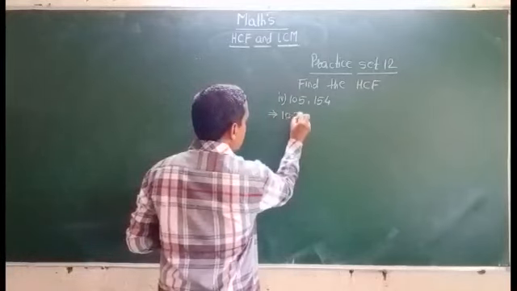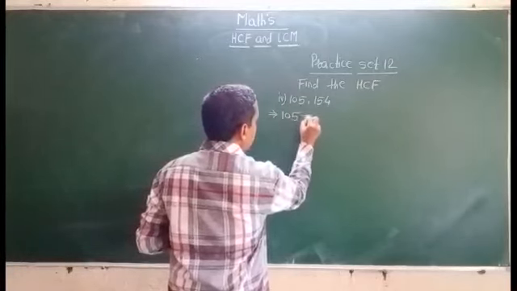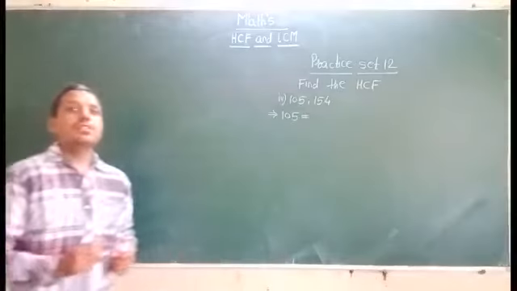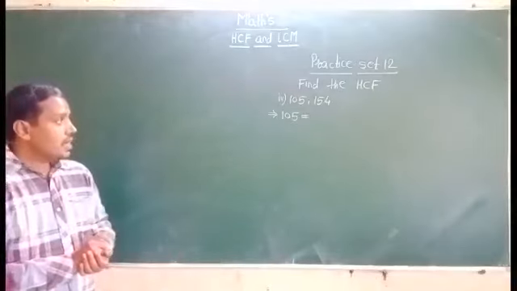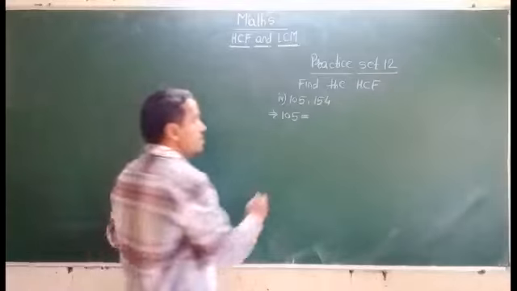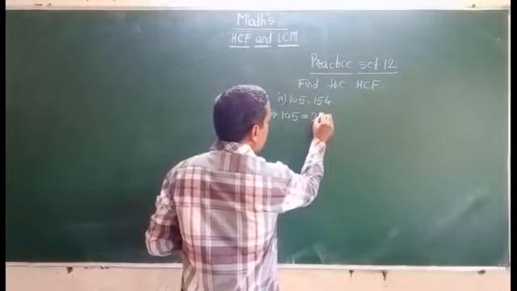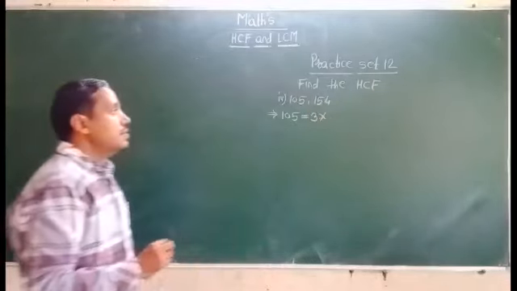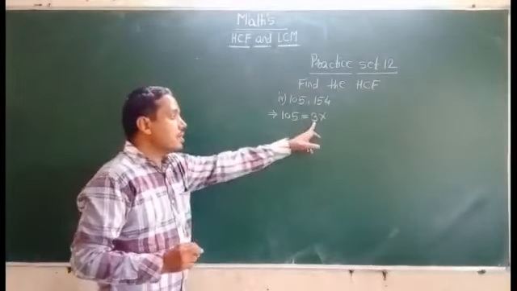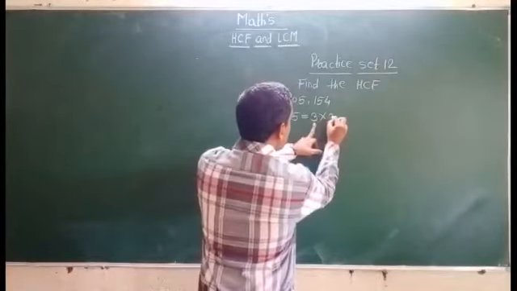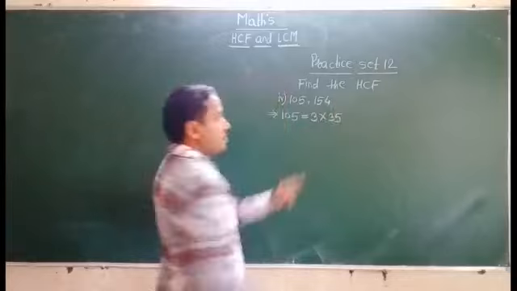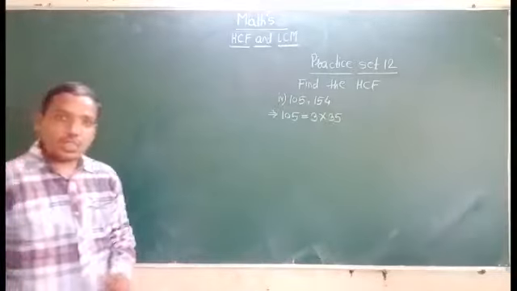So we find the prime factorization of 105. So 105 is divided first by 3. When we divide 105 by 3, we get the answer 35.